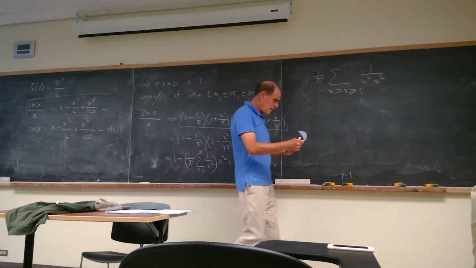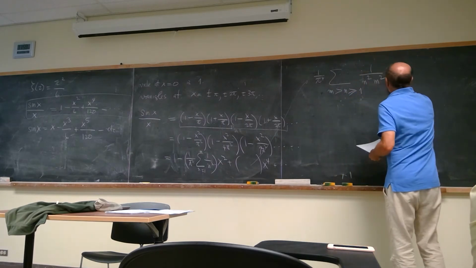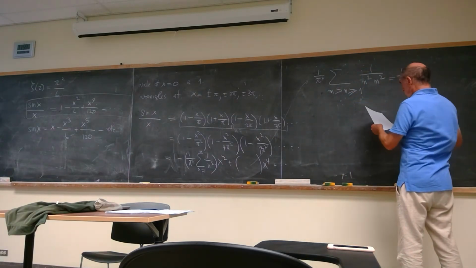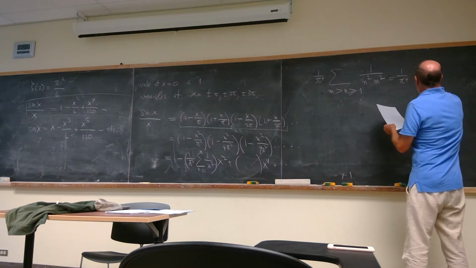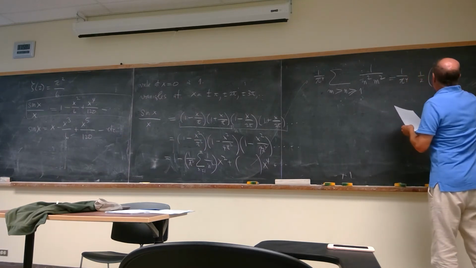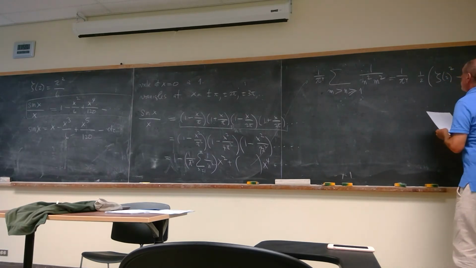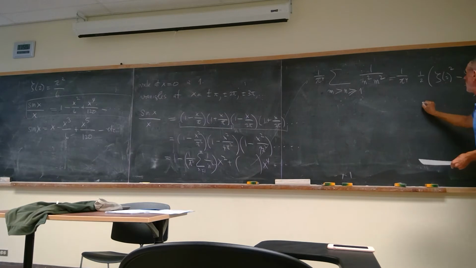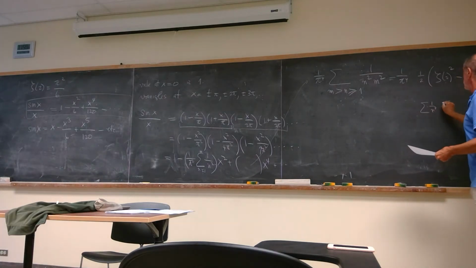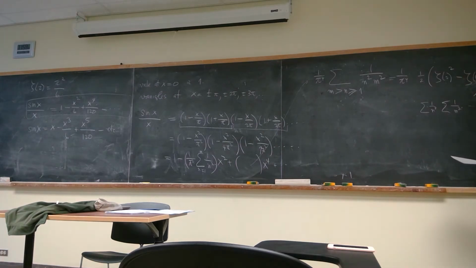Well, that term is 1 over pi to the 4th, if I didn't get this wrong, 1/2 of zeta of 2 squared minus zeta of 4. Namely, you take the sum of 1 over n squared, you multiply it by the sum of 1 over m squared, and then you subtract 1 over n to the 4th, and that cancels out all the diagonal terms, and you're left with this once you divide it by 2.